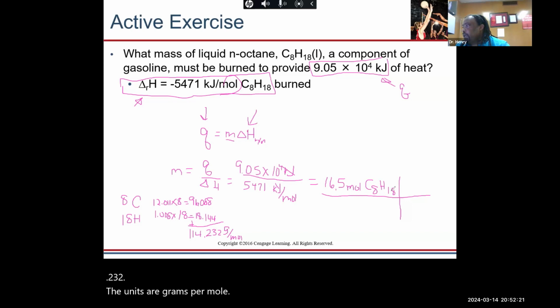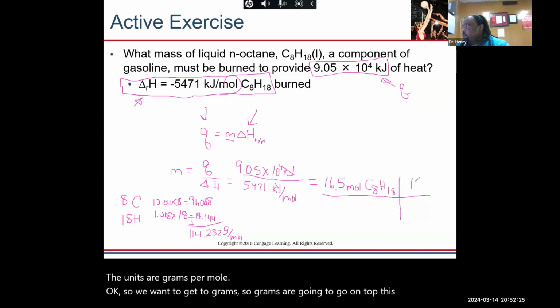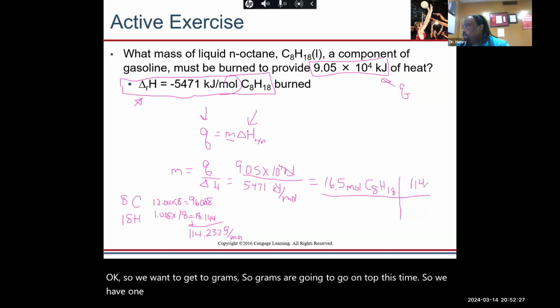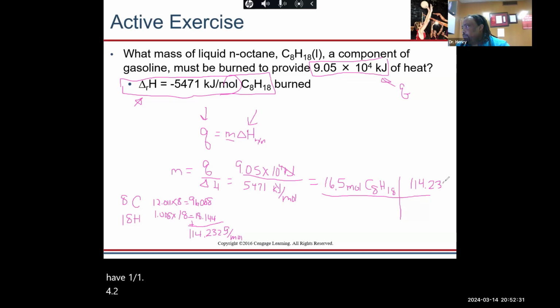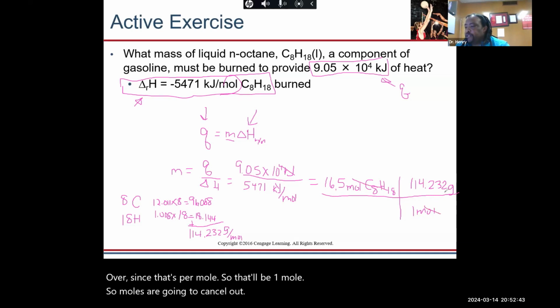Okay, so we want to get to grams, so grams are going to go on top this time. So we have 114.232 grams over, since that's per mole, 1 mole. So moles are going to cancel out, and we're going to be left with just grams.